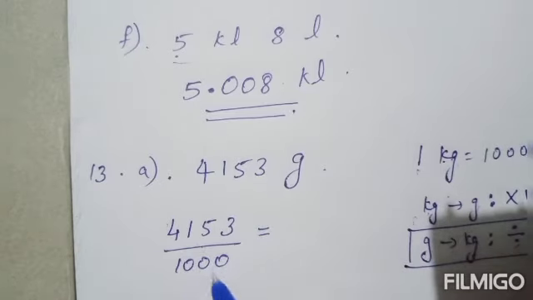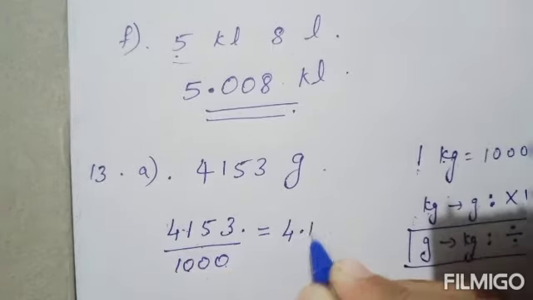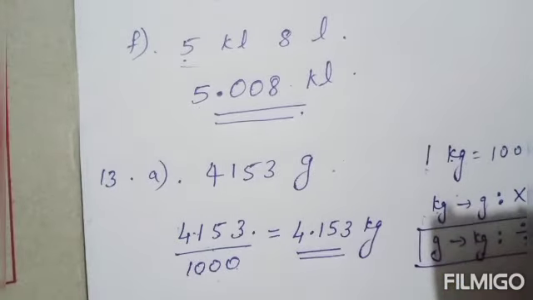Division by 1000, so the decimal point, which is here, will move 3 places to the left. So 1, 2, 3. Here you will get the decimal point. 4.153 kilogram. This will be the answer. 4153 gram means 4.153 kilogram.